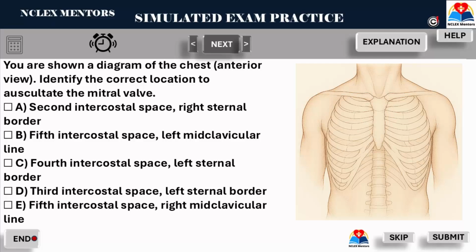Options, clickable areas. A. Second intercostal space, right sternal border. B. Fifth intercostal space, left midclavicular line. C. Fourth intercostal space, left sternal border. D. Third intercostal space, left sternal border. E. Fifth intercostal space, right midclavicular line.